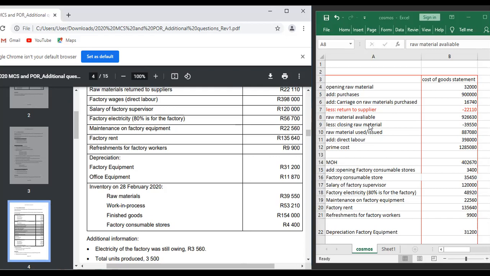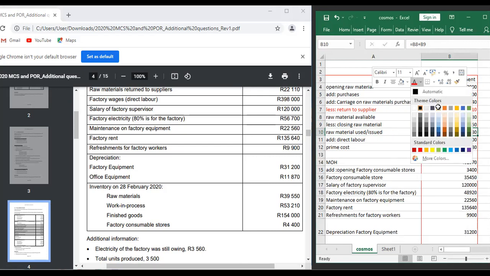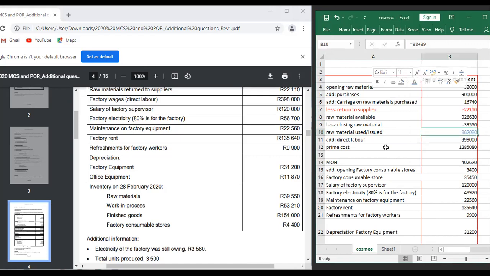It will be the opening materials for the next financial year. That's why we have this term here, raw materials issued or used. These are the materials that we have used.